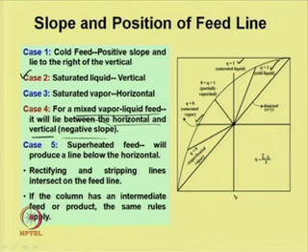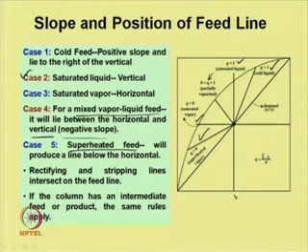So, it depends on the value of q, and with that slope it will lie in between the vertical line and the horizontal line. Now, if the feed is superheated, then it will produce a line below the horizontal line, because q is less than 1, which is shown over here.